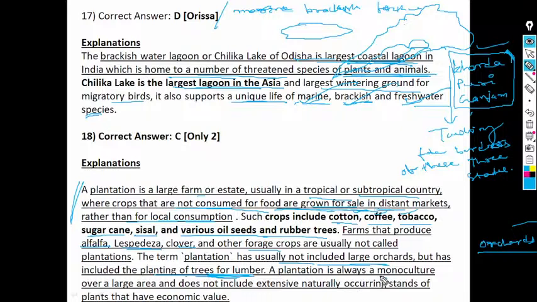A plantation is always a monoculture over a large area and does not include extensive naturally occurring stands of land that have economic value.